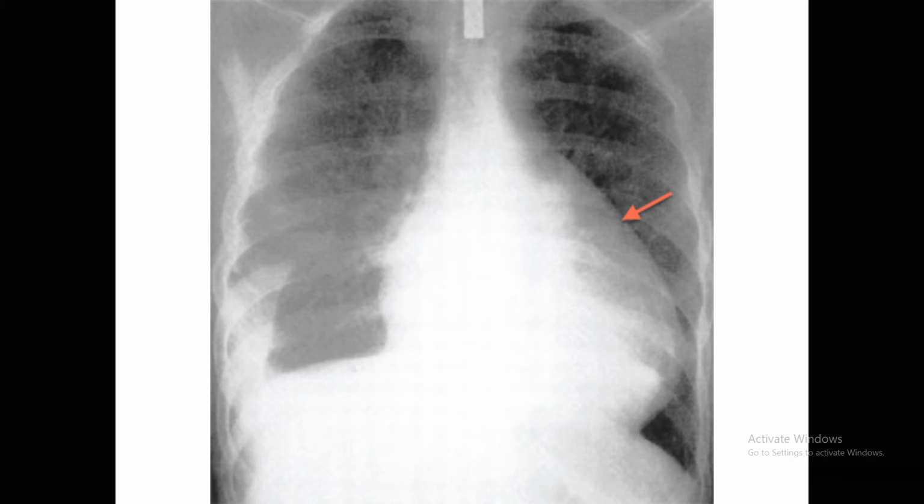Protozoal infections, amebiasis, may also cause pericarditis. Also mycotic infections, actinomycosis, coccidioidomycosis, and collagen vascular diseases, especially systemic lupus erythematosus and rheumatoid arthritis. Tumors, local tumors, mesothelioma or sarcoma, and also metastatic tumors may also cause pericarditis.